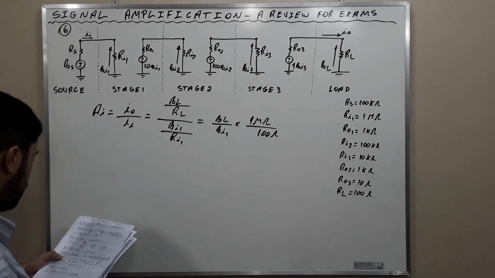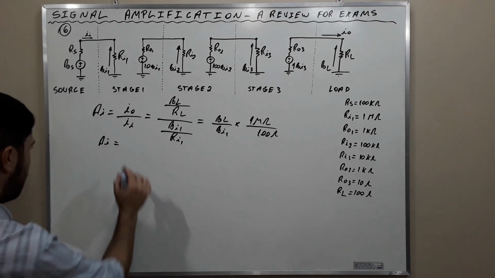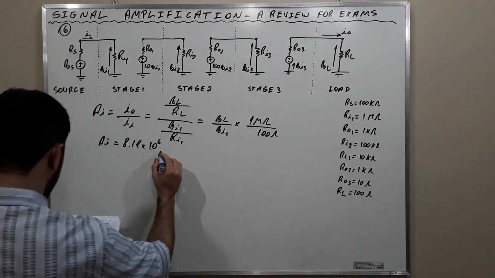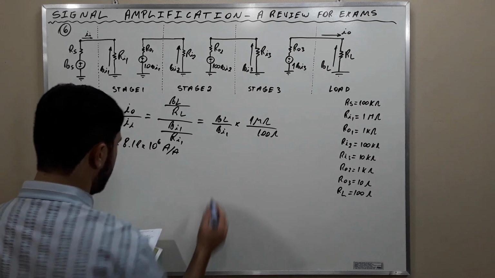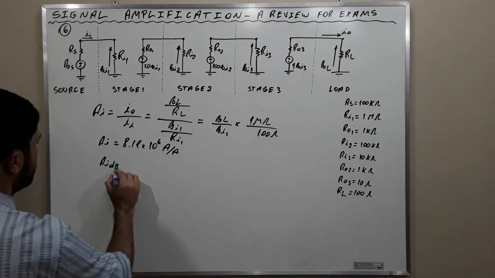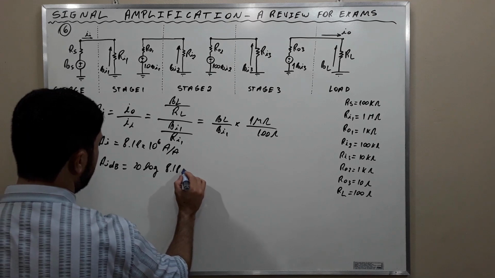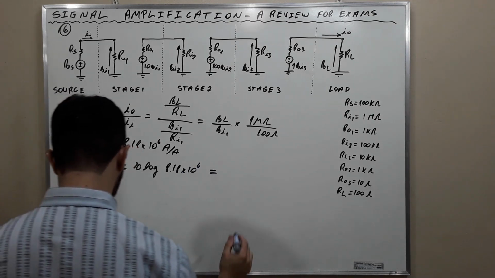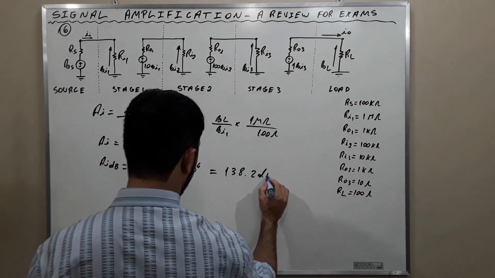Which translates to a current gain of 8.18 times 10 to the 6th amperes per ampere, or in decibels, you simply do this. AI in decibels is equal to 20 times the logarithm of 8.18 times 10 to the 6th, which is equal to 138.2 decibels.